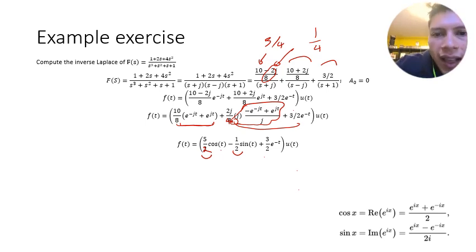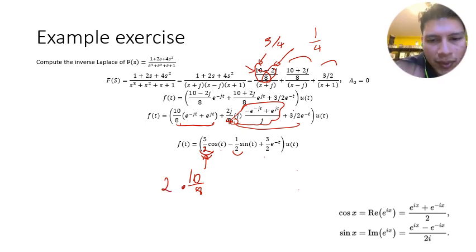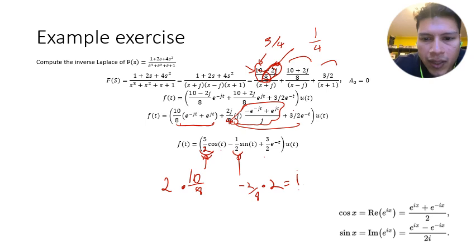So if you look, twice this value is the coefficient in front of the cosine, 10/8, sorry, twice, not half, twice. And then twice this value is the sine coefficient, or negative 2/8 times 2, which is just 1/2, and this is just equal to 5/2.